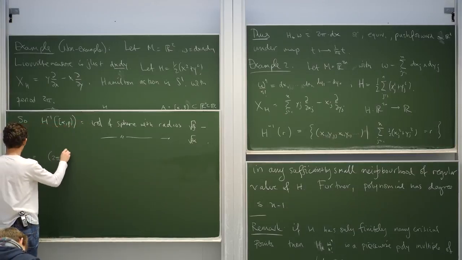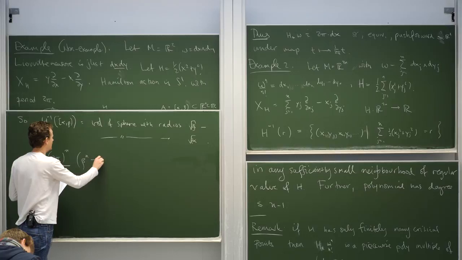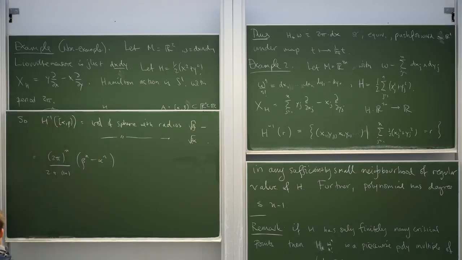And you can do a little bit of integration on spheres to work out that that's equal to beta to the n minus alpha to the n. That's a little exercise in working out the volumes of spheres.